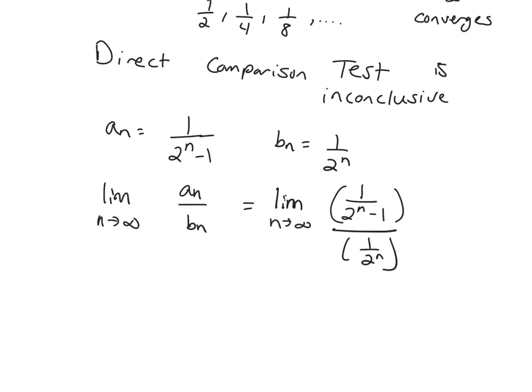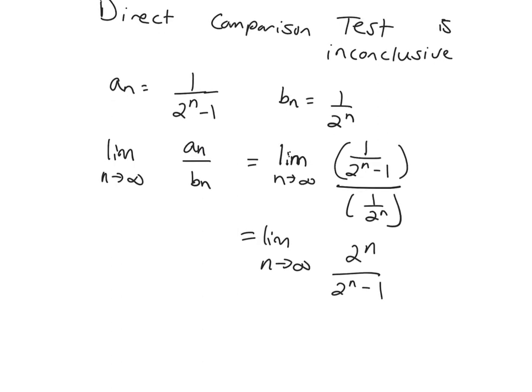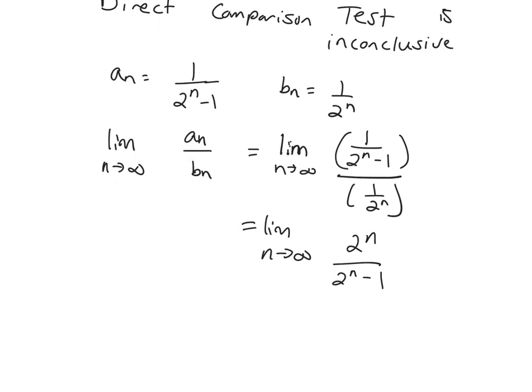So I'm going to flip the bottom fraction up to simplify it, so I get 2 to the n over 2 to the n minus 1. What I'm going to do here is multiply top and bottom of my limit by 1 over 2 to the n.